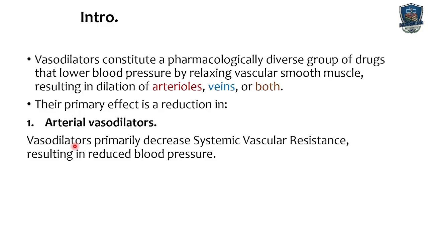So BP equals cardiac output times SVR. Now, vasodilation tends to decrease the systemic vascular resistance, and if you decrease the systemic vascular resistance, there will be a reduction in the blood pressure, provided that the cardiac output remains constant.